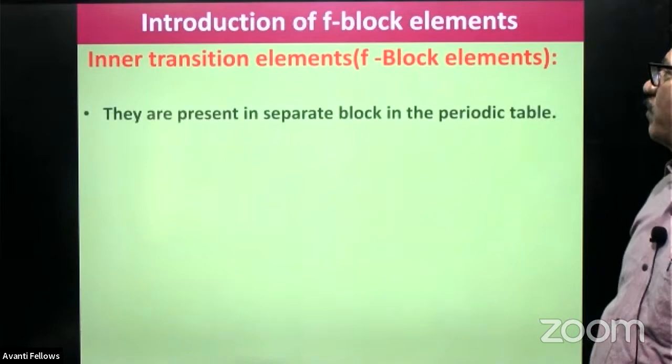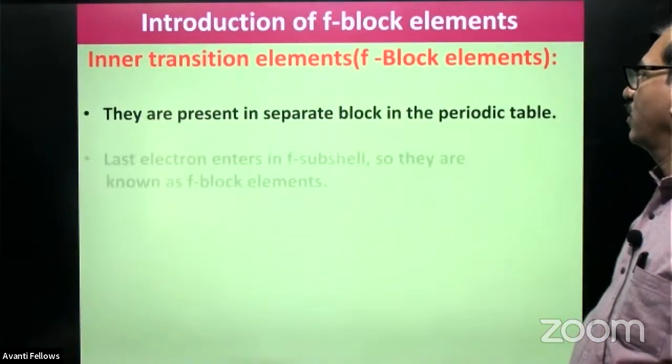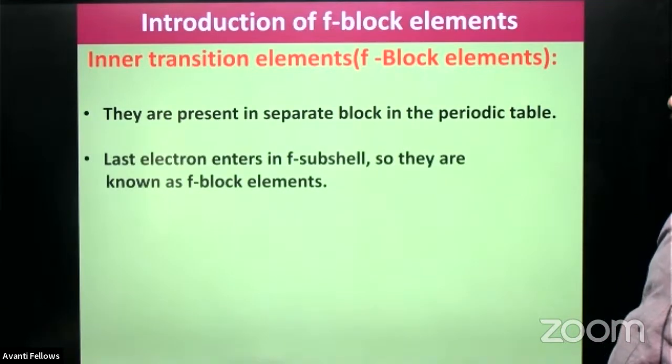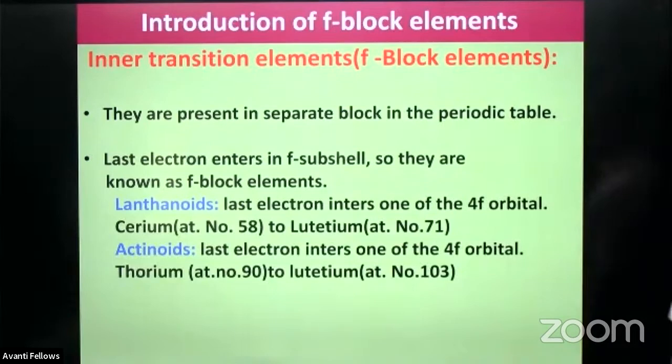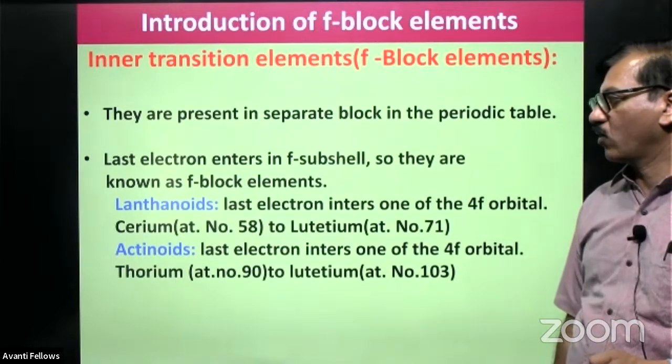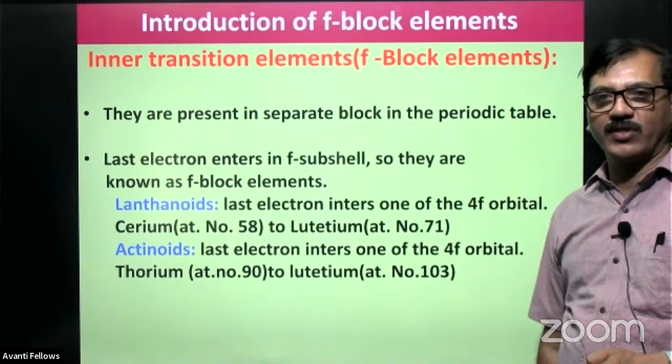Inner transition elements, the F block elements, are present as a separate block in the periodic table. The last electron enters into the F subshell, so they are known as F block elements. There are two rows of 14 elements each.